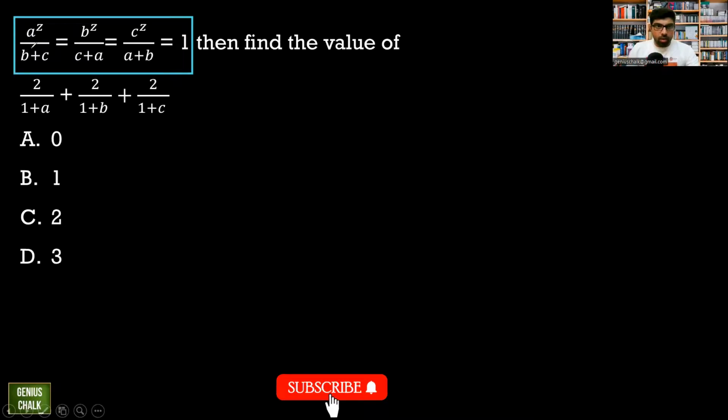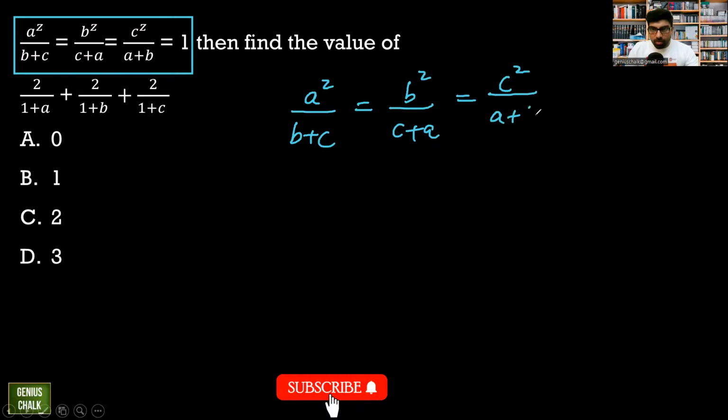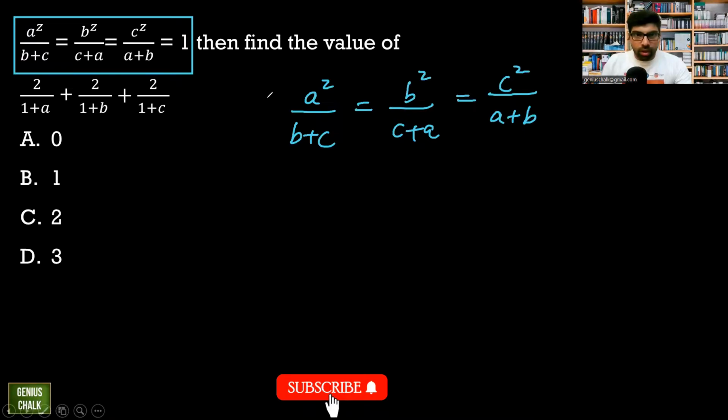All right. Now, how can they be equal? You see, apply common sense. They will be equal when, it is like a to the power z by b plus c, then b to the power z by c plus a, and c to the power z by a plus b, right? They all have to be equal to 1.